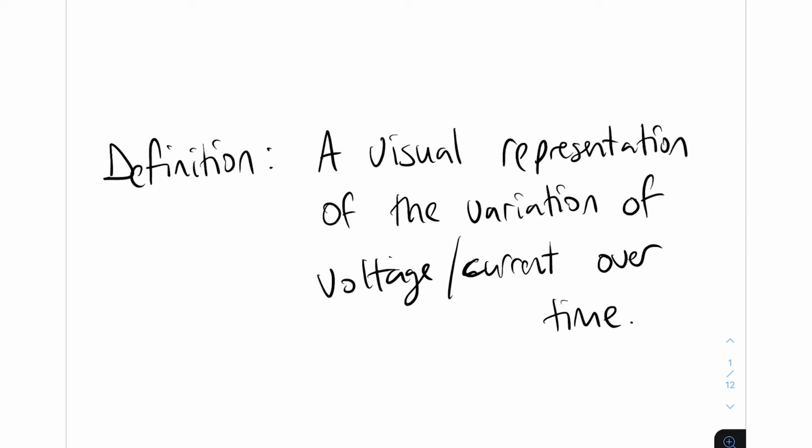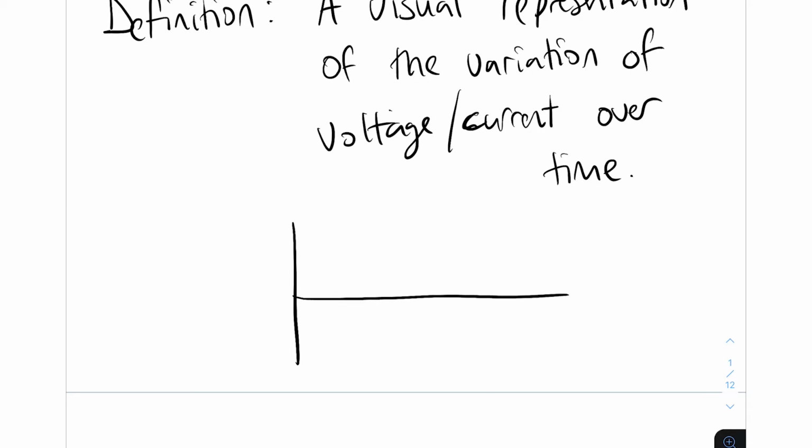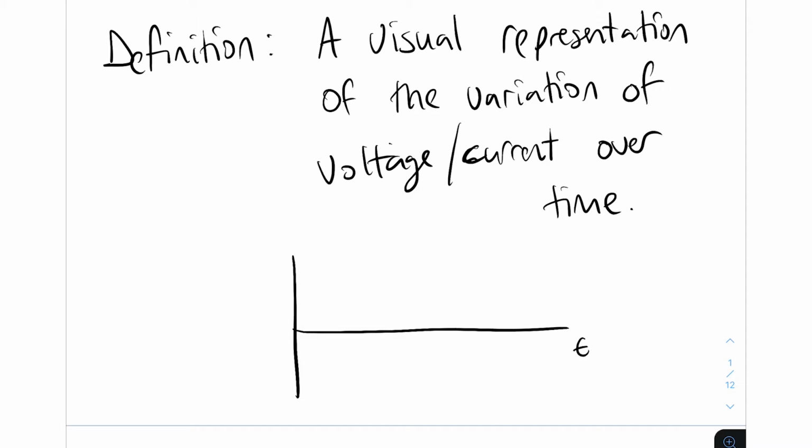All right, so a waveform is a visual representation of the variation of voltage or current over time. So if you think about that, imagine you've got a graph here, you've got time, and the waveform is a visual representation of the variation of that voltage or current over time. So if you imagine you've got a voltage going along here, a steady line of voltage, let's say this is 12 volts, then here you can see we've got a waveform which represents a steady 12-volt voltage.